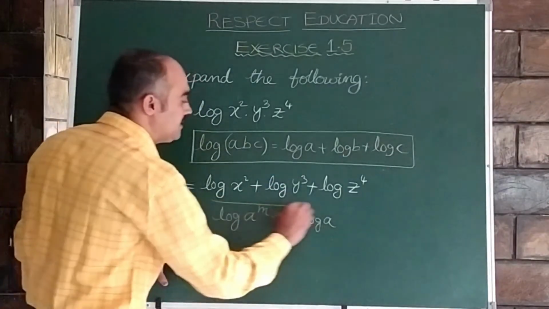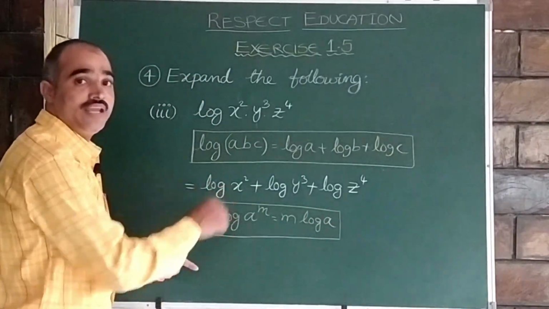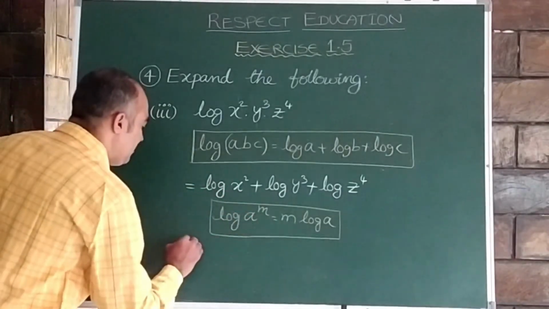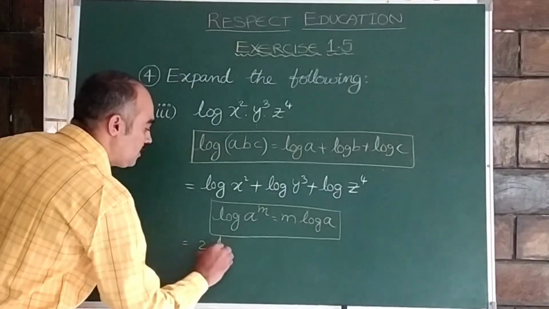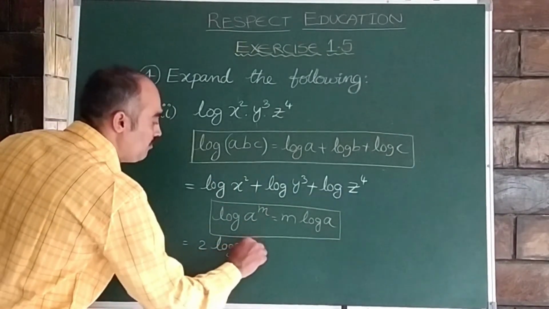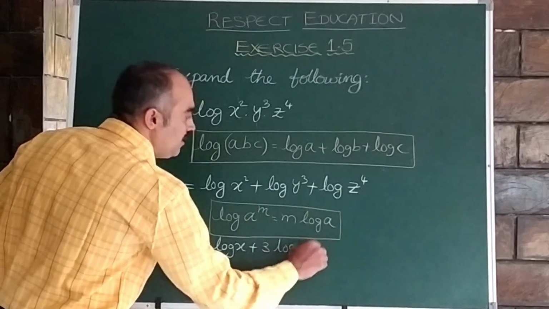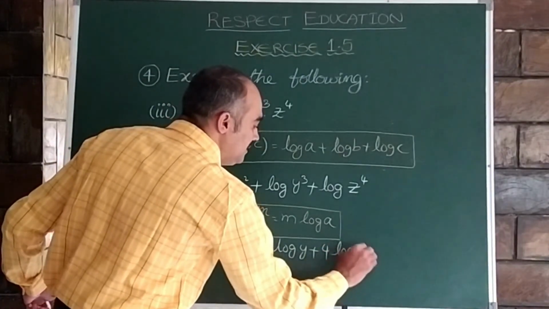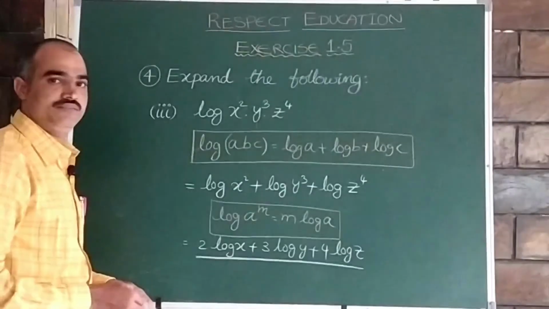So the thing is that learning the formula is different, and we need to apply it wherever it is required. That application is also very important. So we have applied this formula here: 2 comes forward, it is 2 times log x, plus 3 comes forward, 3 times log y, plus 4 comes forward, 4 times log z. So this is the answer for the given question.